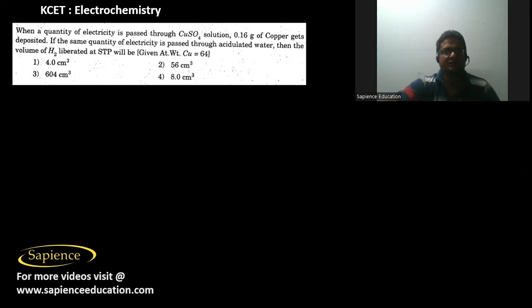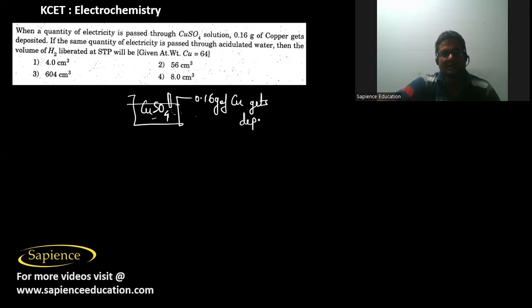Then it is asked: when a quantity of electricity is passed through copper sulfate solution, 0.16 gram of copper gets deposited at the cathode.